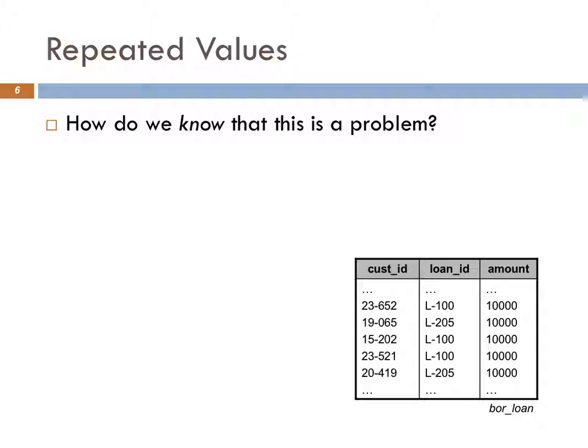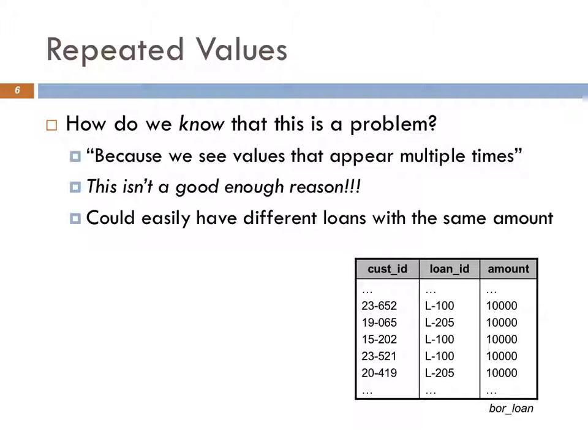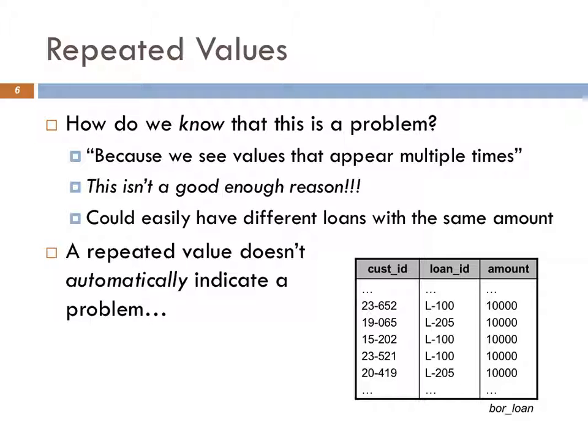And we may have other loans with 10,000. The problem is not that a particular value is repeated. The problem is that we have this relationship between loan numbers and amounts. Okay? That's what I'm driving at here.